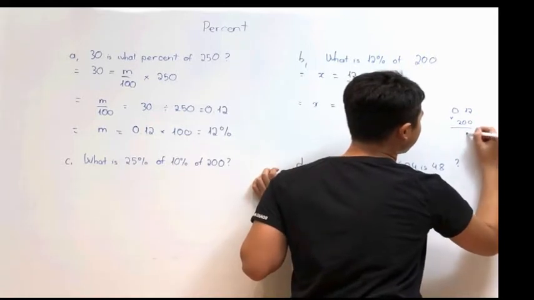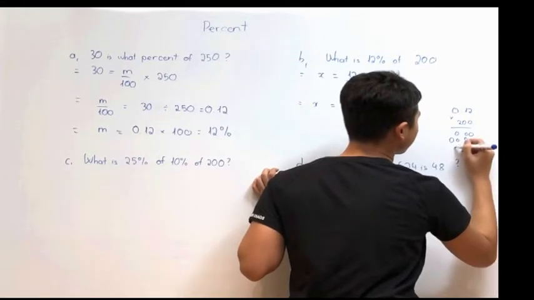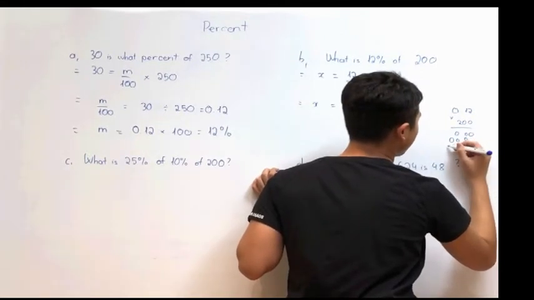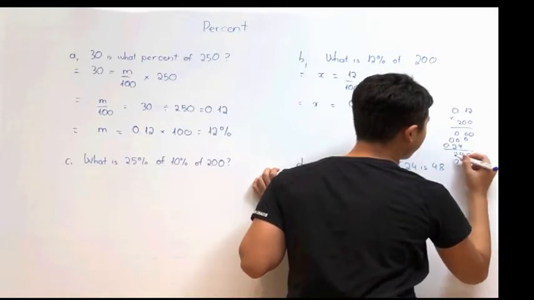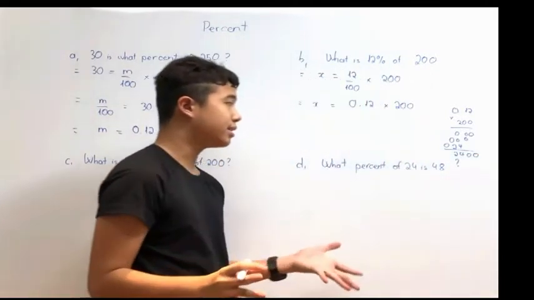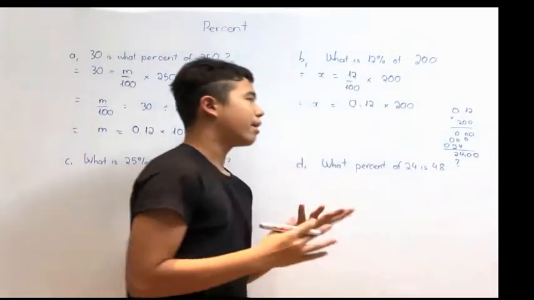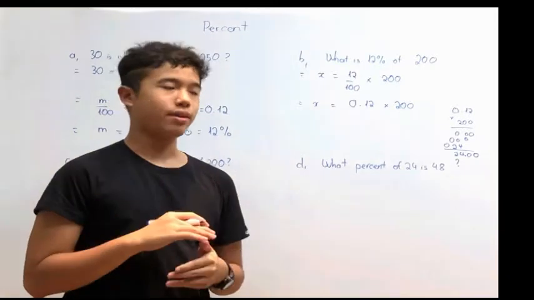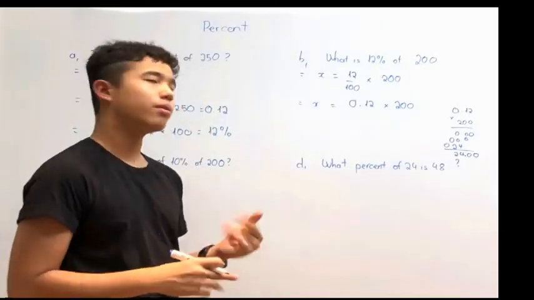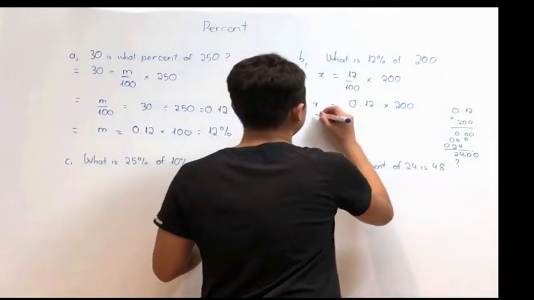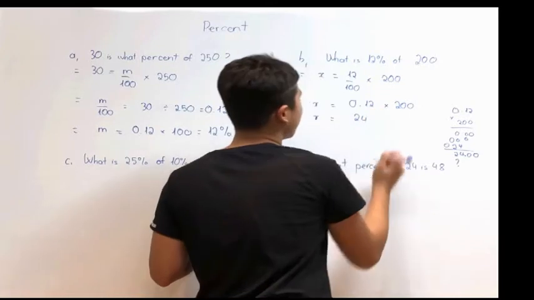So we have 0, 0, 0, 0, 0. 2 times 2 is 4, 2 times 1 is 2, and then 0, so we have 0, 4, 2, 0. We do not need to write that. So count 1, 2, the answer is 24. So 0.12 times 200 is 24. So x is going to be equal to 24.